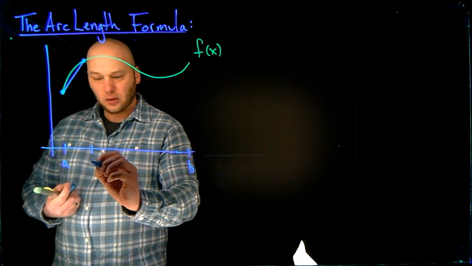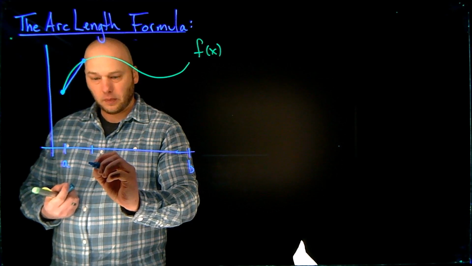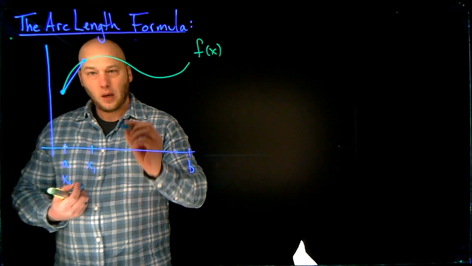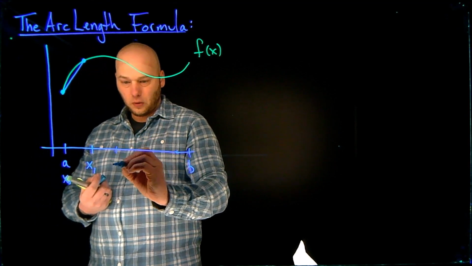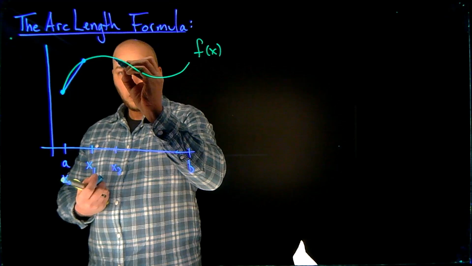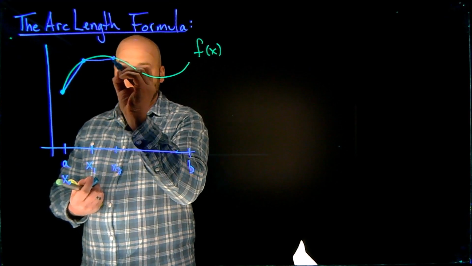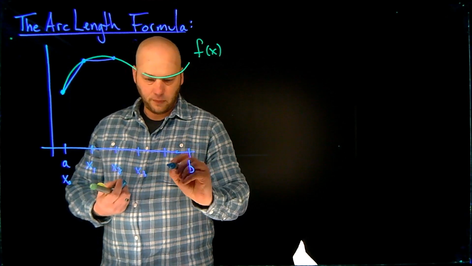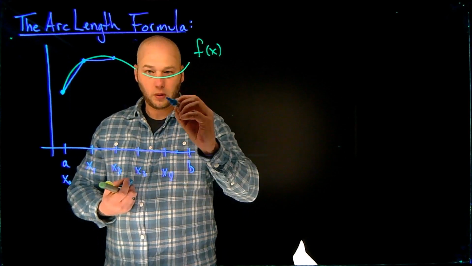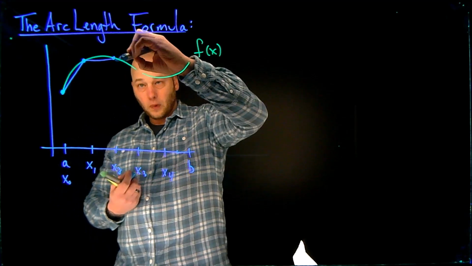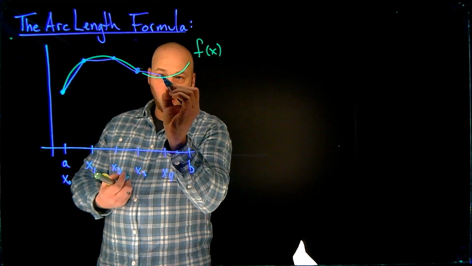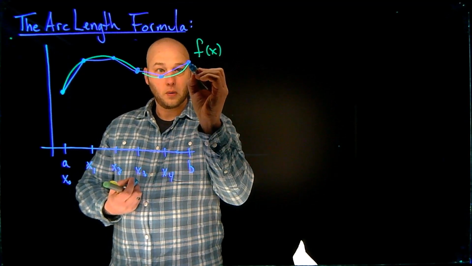So let's say this is x1, where this would be, say, x0. And then I'll go over to x2, which is about here. And then I go to x3, and I'm just going to make it up here so it works, from there to there, and then there to there.